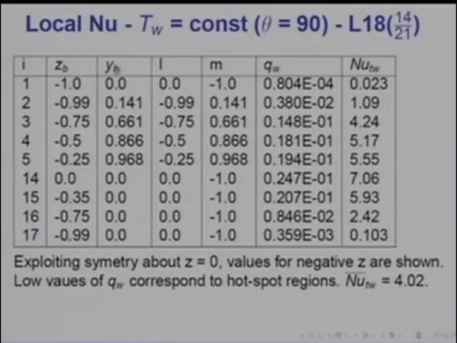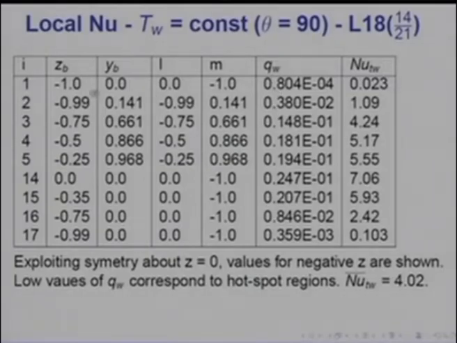And YB is equal to, given this is on the curved side top, and this is where YB is 0. The direction cosines are of course in each case the same, and the QW wall heat flux you will see is like this.